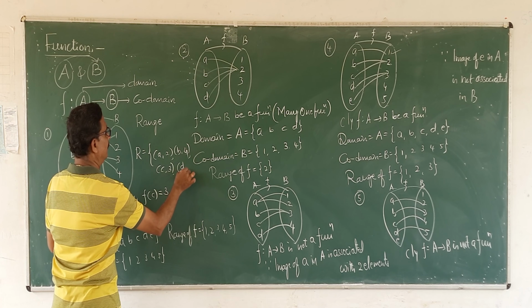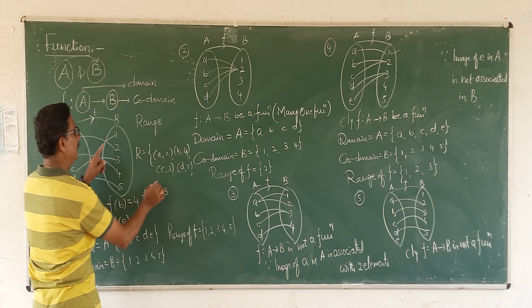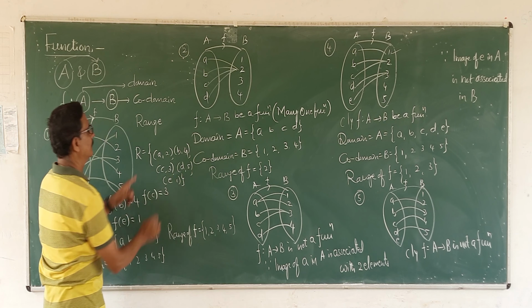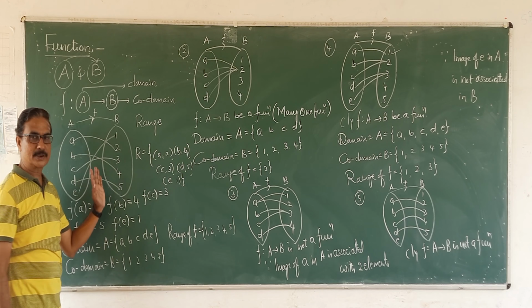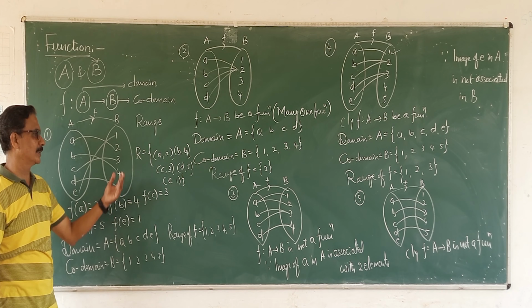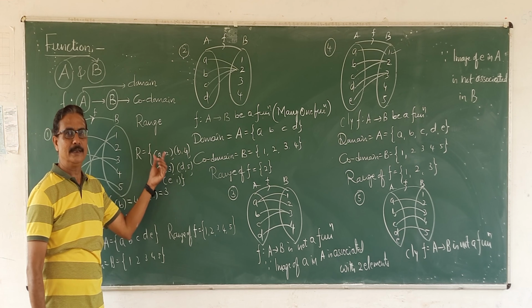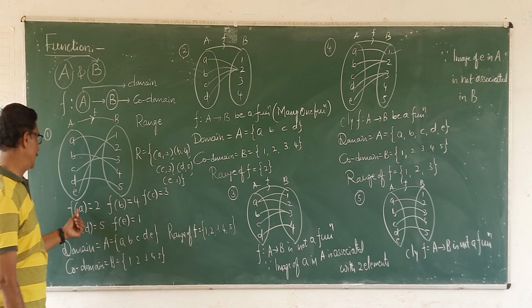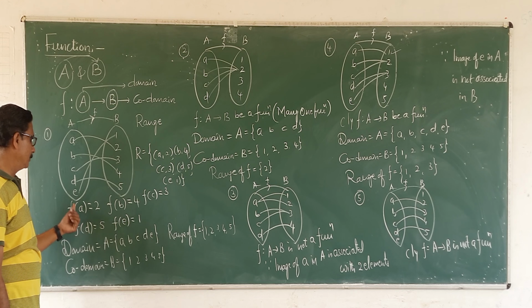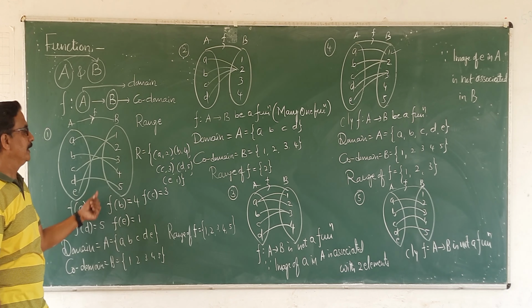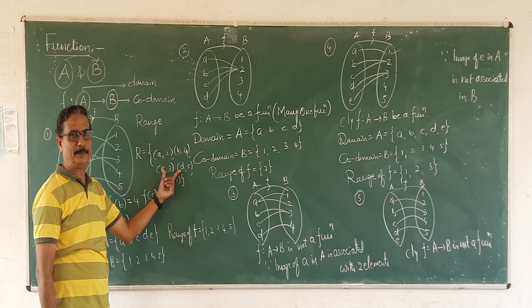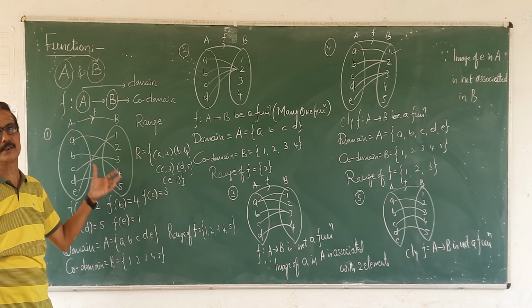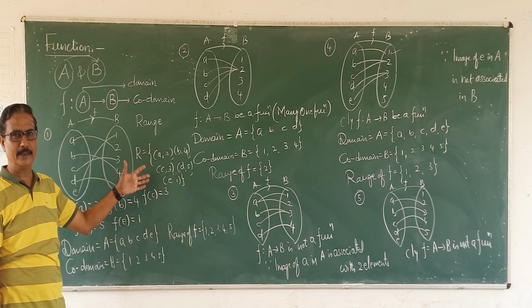D5, the image of D is 5. E1, the image of E is 1. Now, the function is nothing but a special type of relation. In a relation we write ordered pairs. The image of the first element, the image of A is 2, is denoted by f of A equals 2. In the relation form, we write the ordered pair. So this special type of relation is known as a function.